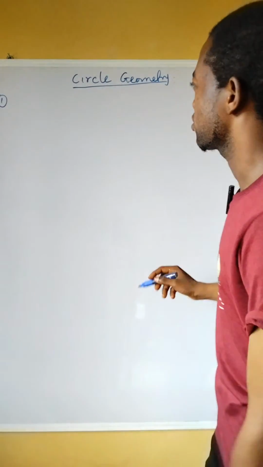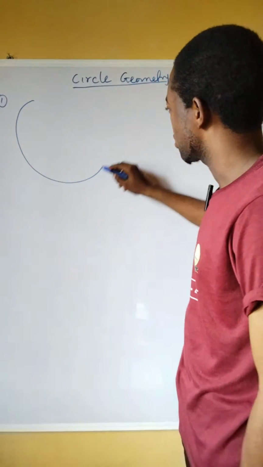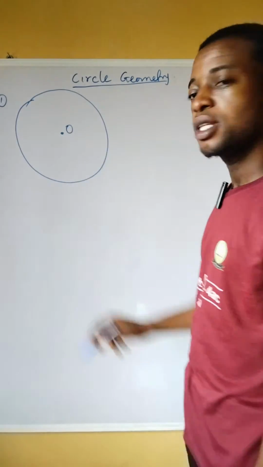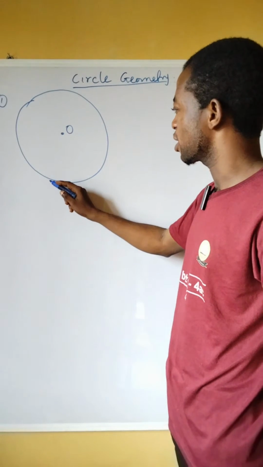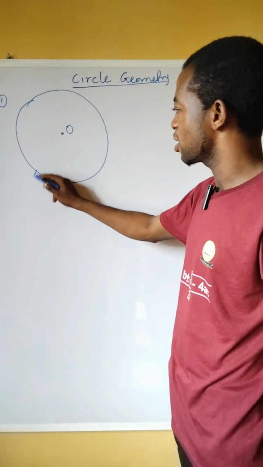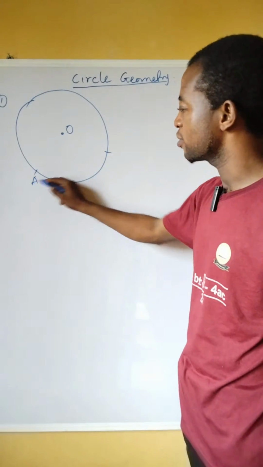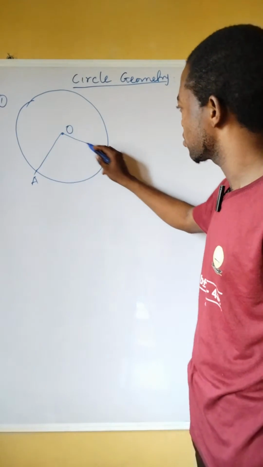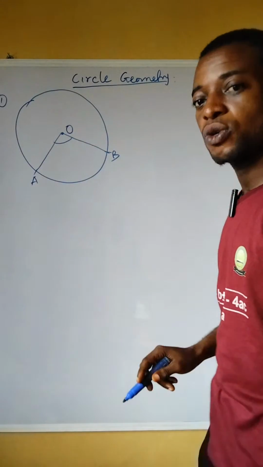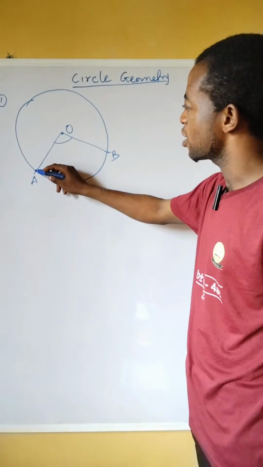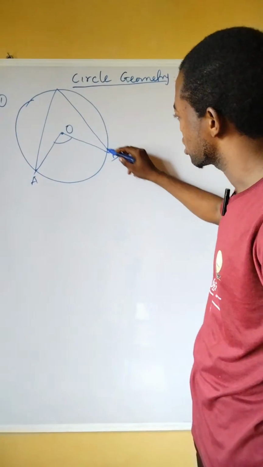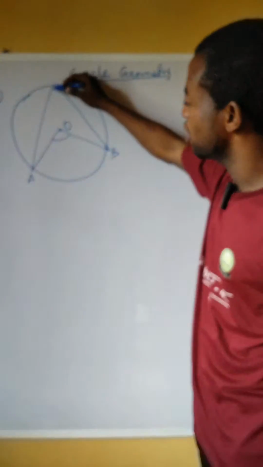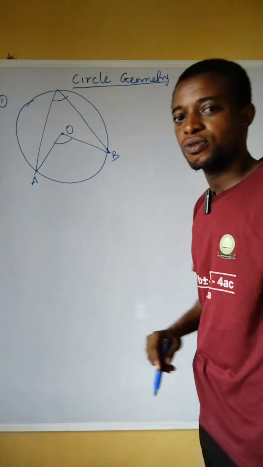The first theorem says that the angle at the center is twice the angle at the circumference. Here we have a circle with center O. Let's consider an arc AB. The angle obtained by this arc at the center, in this case the obtuse angle AOB, is twice that obtained at the circumference.